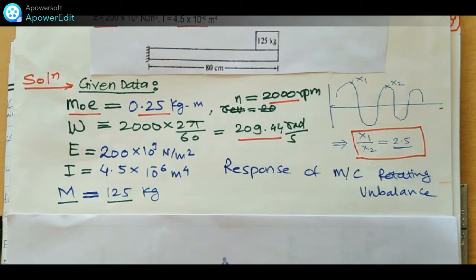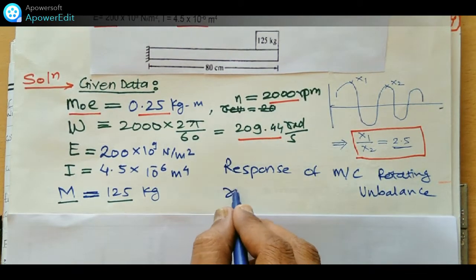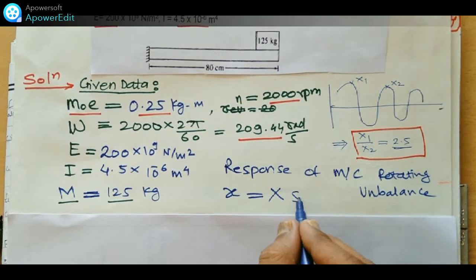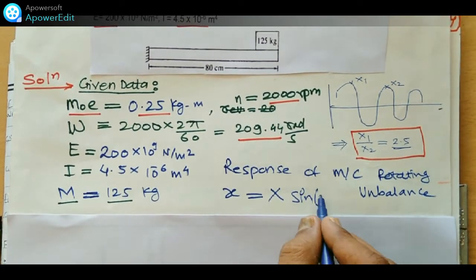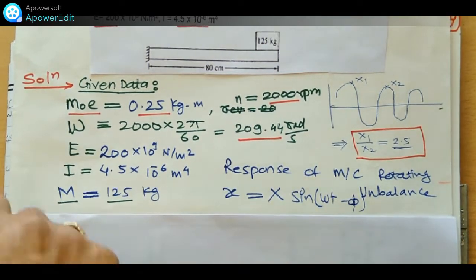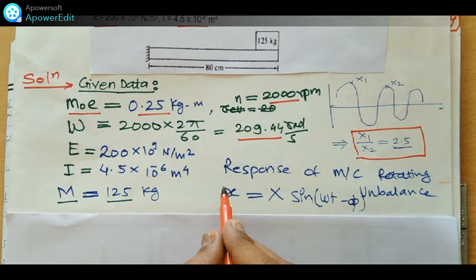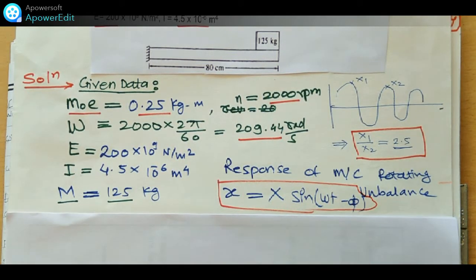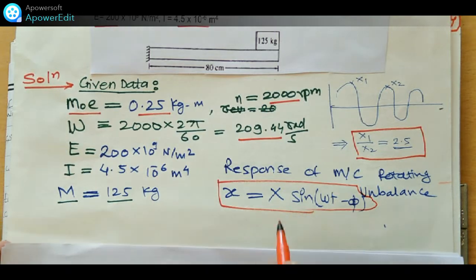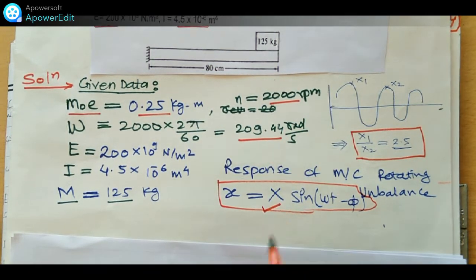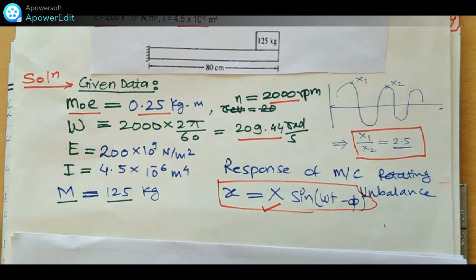Okay, so this response you can find out by using this equation, x sine of omega t minus phi. So this is the equation to find out this response. From this equation we can find out, but in this case the response means we have to find out the x. Okay, how to find out this x amplitude?